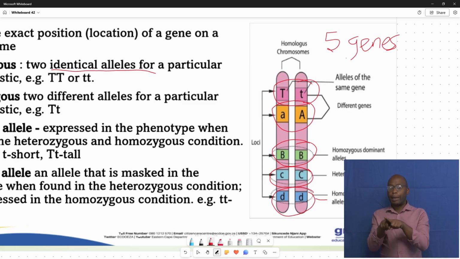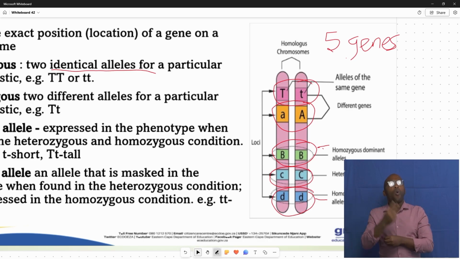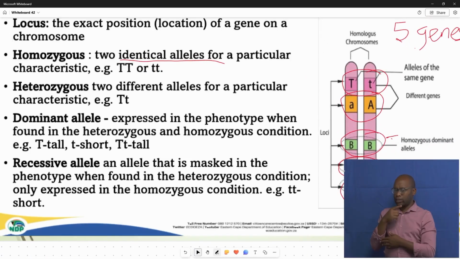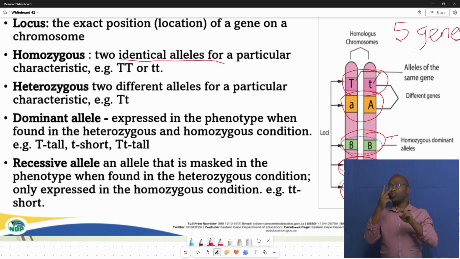We can also identify that gene number 3 is also homozygous, but the other ones have two different letters, so they are heterozygous. Hetero in simple English means different. So if we say we have a heterozygous genotype, it means that it contains two different alleles for a particular characteristic.